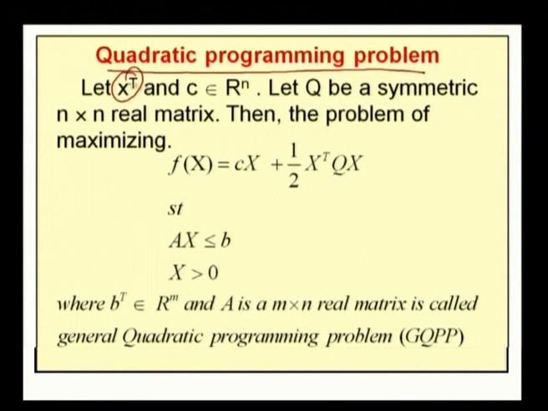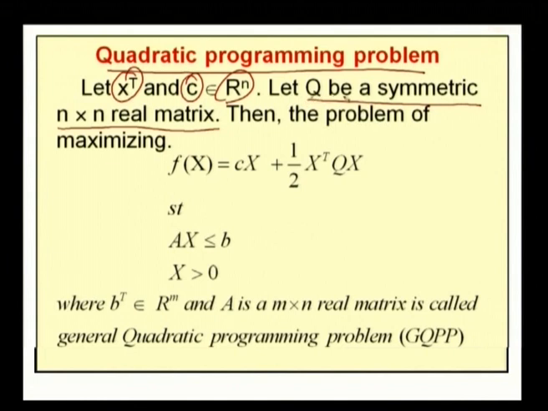Let x transpose and c belong to R power n, and Q be a symmetric n cross n real matrix, that is, a matrix Q is said to be symmetric if Q equals Q transpose.